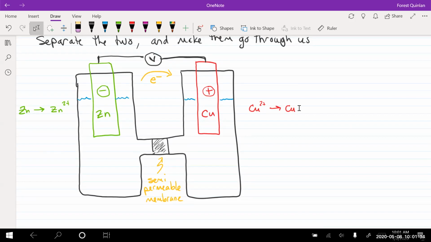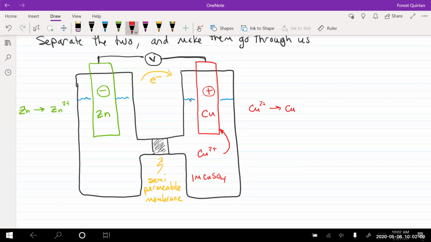We have electrons going from the zinc over to the copper. That means there's going to be a buildup of negative charges over there. Well, if that negative charge starts to do that, then what we have down here, say in a 1 molar copper 2 sulfate solution, is a bunch of copper 2 pluses. As soon as those electrons start to flow to the copper, those copper 2 pluses race up there to grab them.